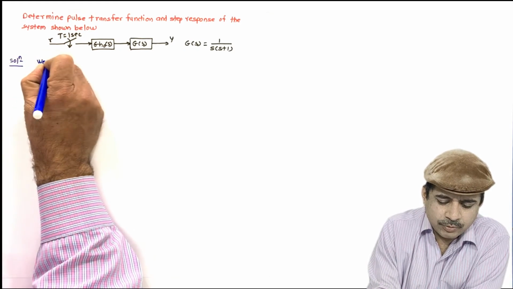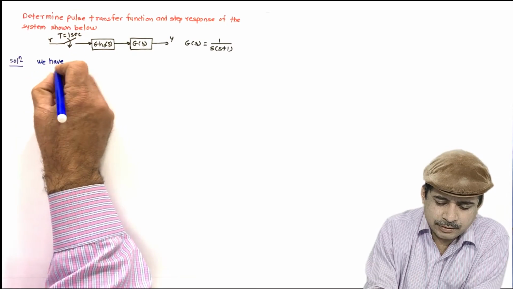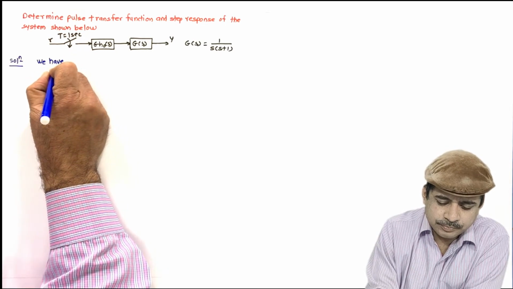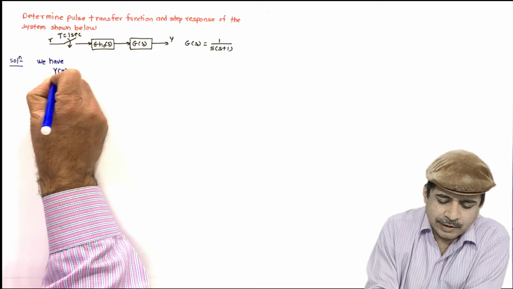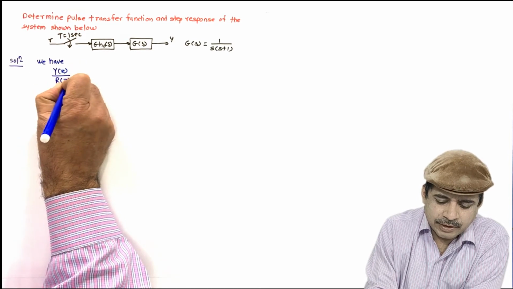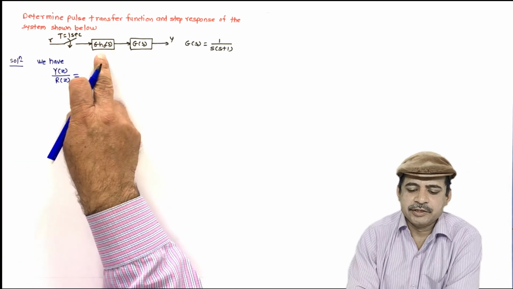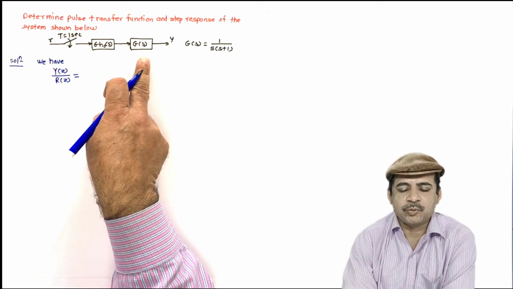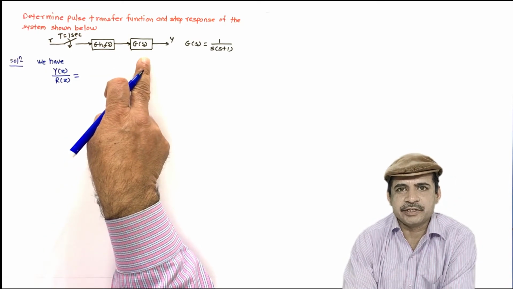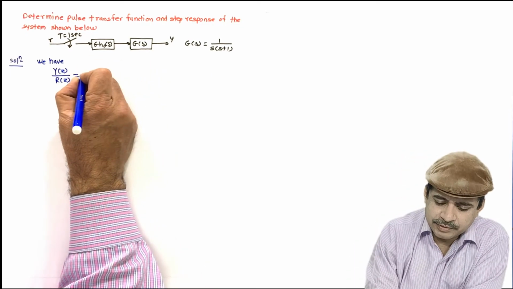So what we have, the pulse transfer function Y of z by R of z in this case. These two blocks are in series, so the z transform of GH0 s into G of s, that is GH0 G z.